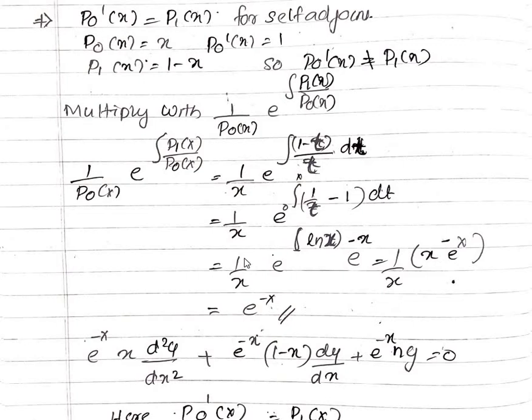So this is 1 by x e raised to ln of x into e raised to minus x. e raised to ln of x is nothing but x, so this x and x get cancelled. You will get e raised to minus x. So this multiplying factor is nothing but e raised to minus x.